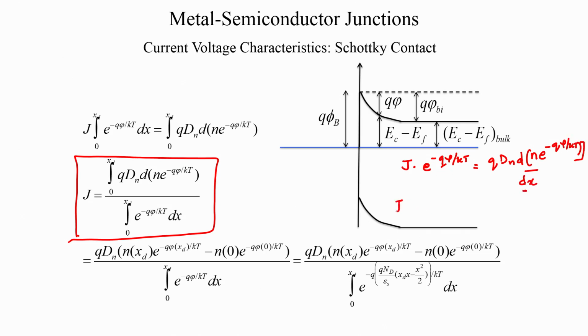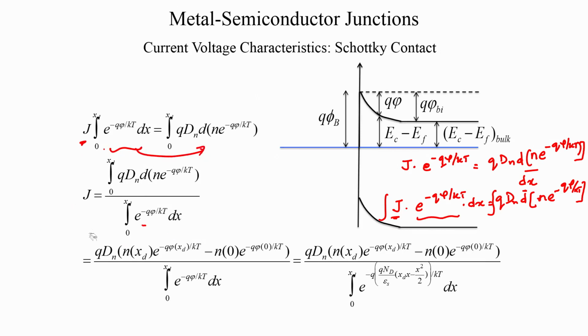We are saying that j e to the power minus q phi by k t into dx is equal to q dn d n e to the power minus q phi by k t, and we now integrate both sides. The j is common, so the j comes out, and this term here, the remaining term, that integral is shifted over down to the denominator, and that is how you end up with this expression.